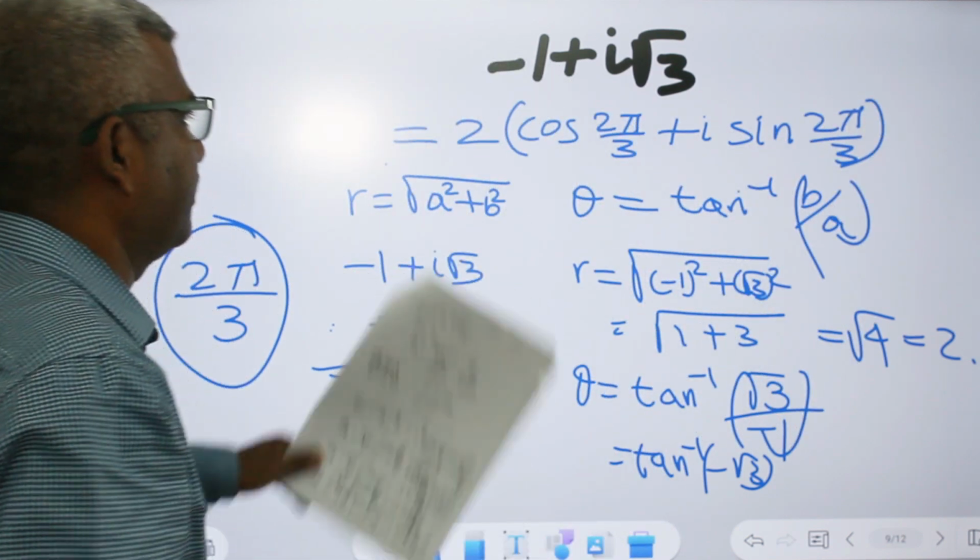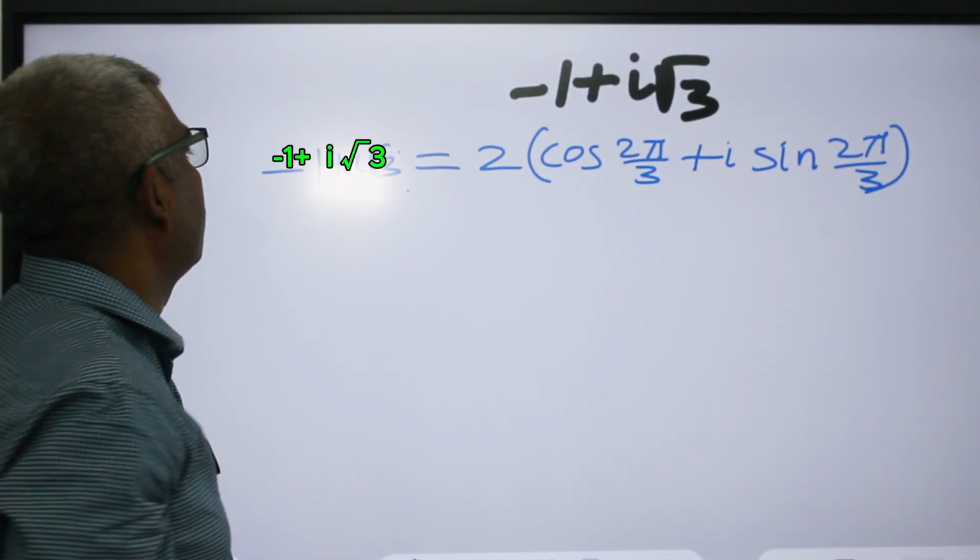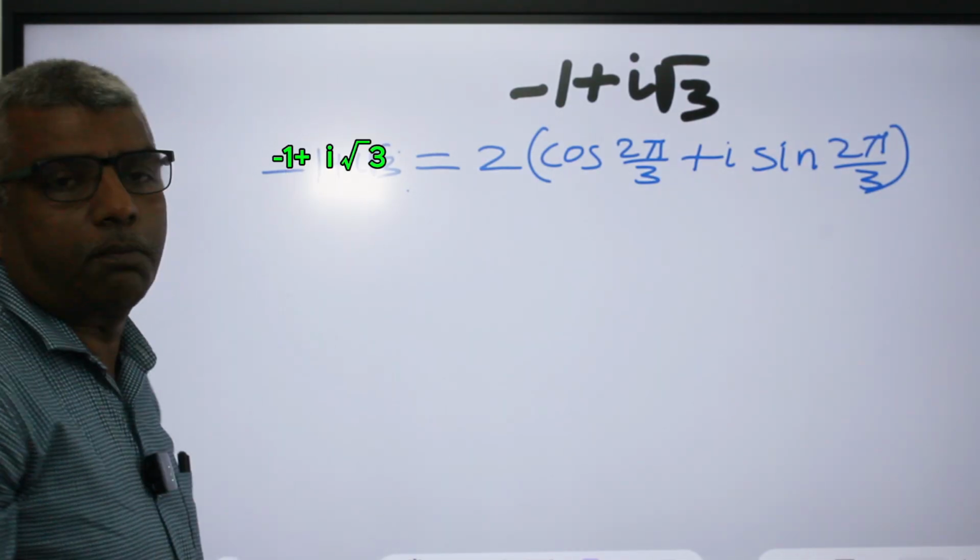Okay, copy down until now. So you have to find the cubic roots of minus 1 plus i root 3.